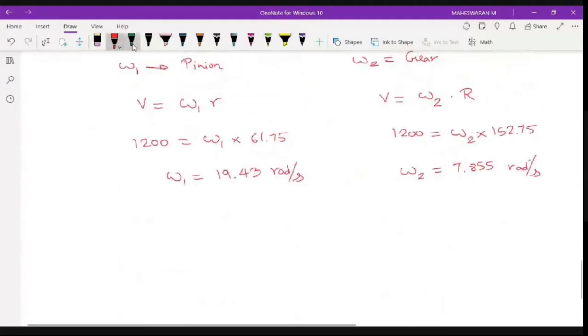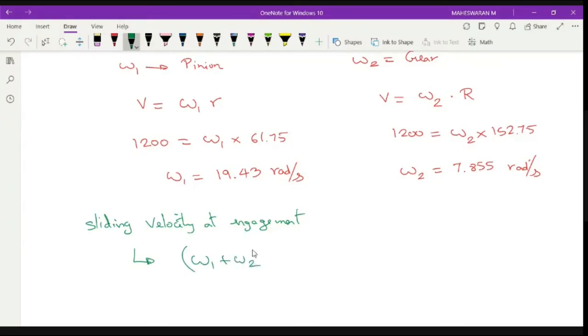Sliding velocity at engagement is equal to omega 1 plus omega 2 into the length of path of approach.